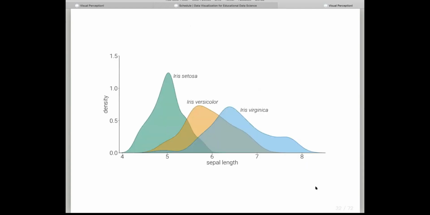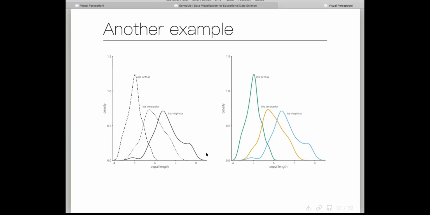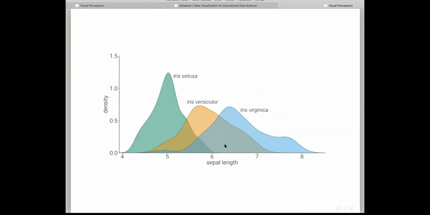Maybe you don't like this one, maybe you like this one more. But I think this one is easier to see all of the shapes. The one thing that's challenging about this one, however, is it takes quite a bit more skill and tinkering to get right. Okay, this one's pretty easy to build, right? You just map color to the lines, whereas with this one you're mapping the fill to the different species, right?